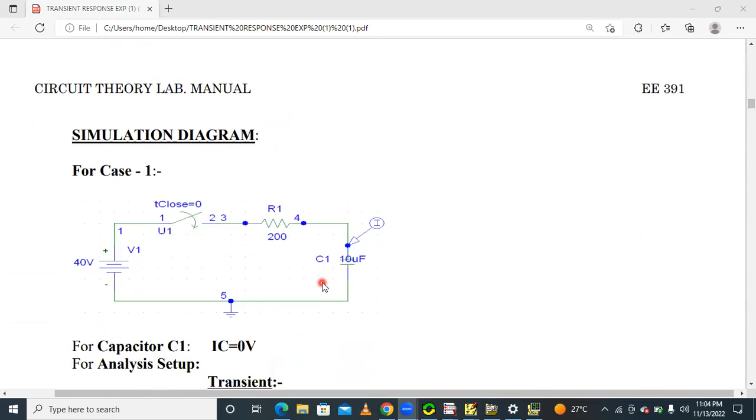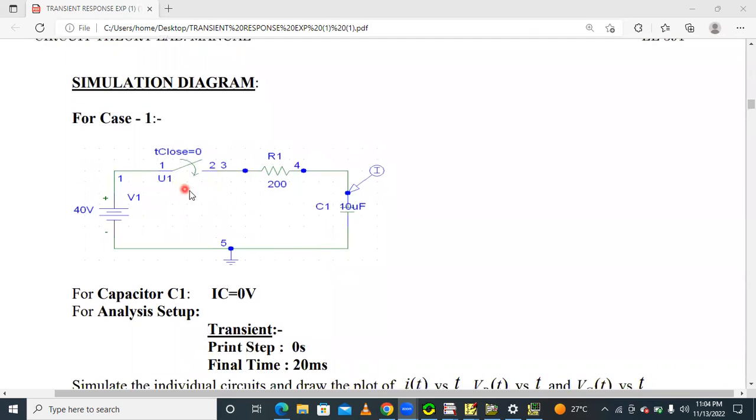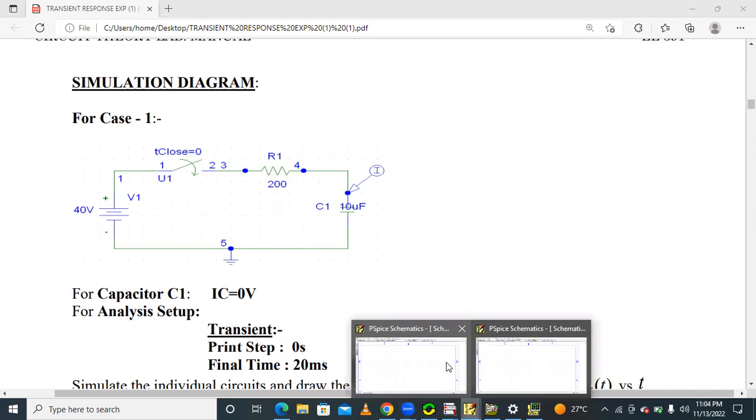So this can be verified manually by using PSpice. Okay. So first we have to connect the circuit the same as it is by using PSpice. Okay.